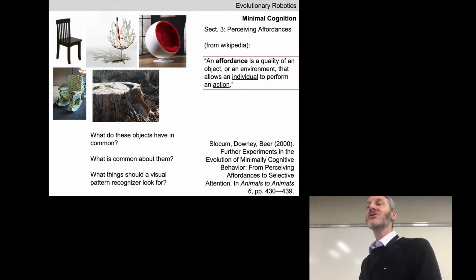Something to do with the observer, who is observing the object, and what are the possible interactions between that observer and the object? What possible actions are possible? As we'll see as we continue on in this course, a lot of the building blocks of intelligence, as we've already said, have a lot to do with action and the body, right?